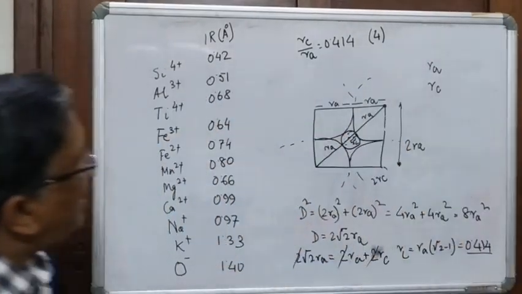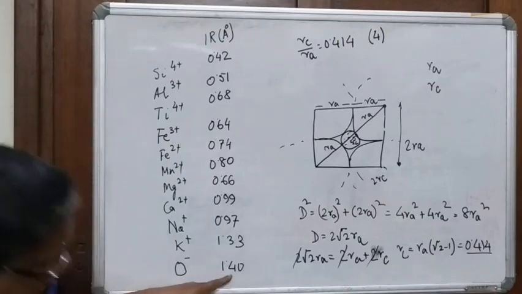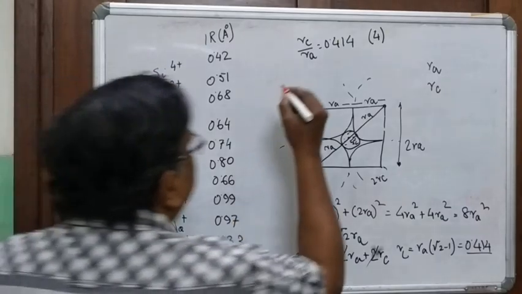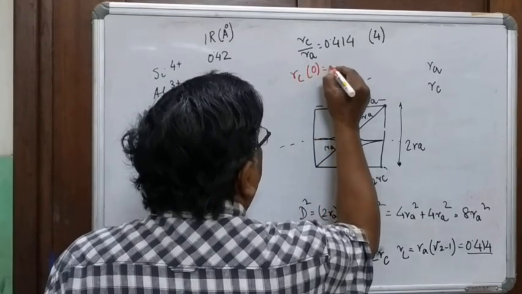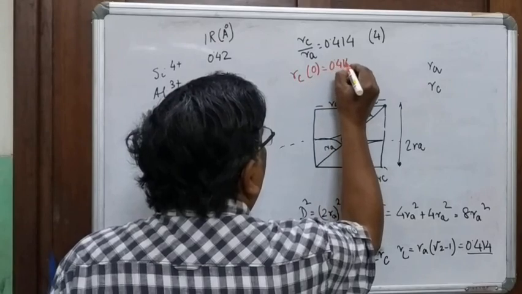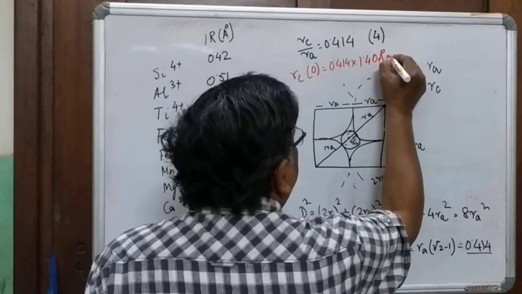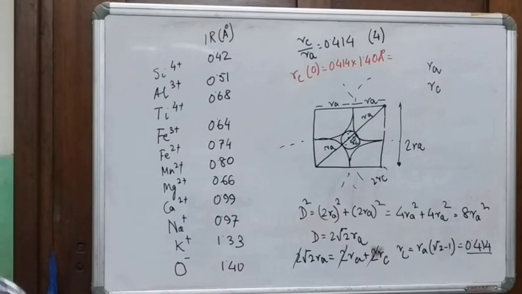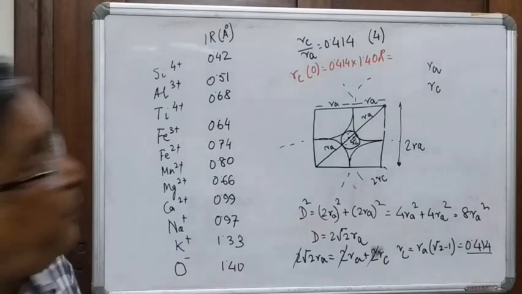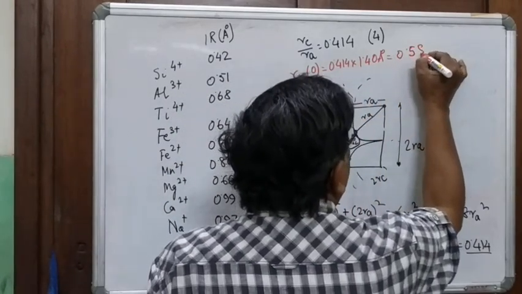Now, if I take my RA anion equal to 1.40, then RC for oxygen will be equal to 0.414 into 1.40 angstroms. That means that value will be 0.58 angstroms.